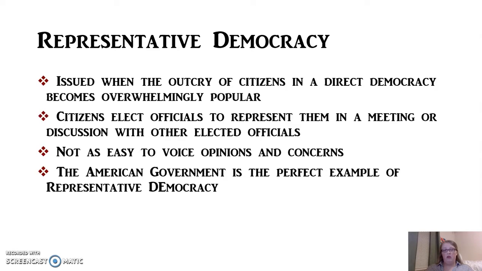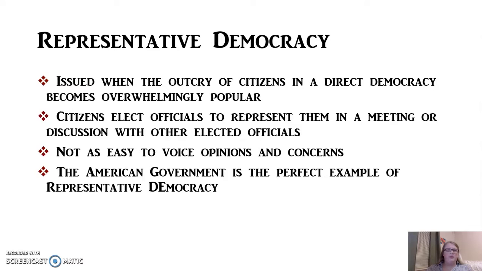Say you have 1,000 people, and for every 100 people, you have one representative. The representative takes what the 100 people are feeling and goes to a meeting, where they discuss how the majority of their 100 people feel, and that's where they figure out what to do with a bill or in any congressional office.